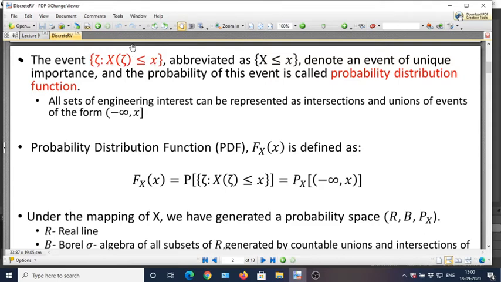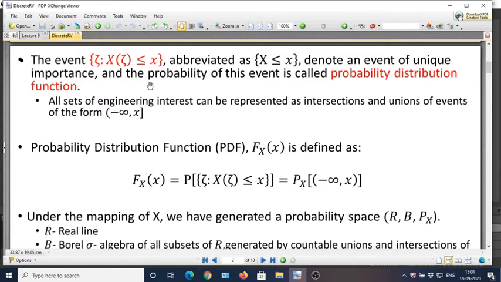Such events should be present in the event space, and this corresponds to an interval in the real axis, which can be compactly written as random variable capital X less than or equal to a value small x. So these events are of unique importance, and we expect that we should be able to assign probability measures to such events, and these are what we call the probability distribution functions.